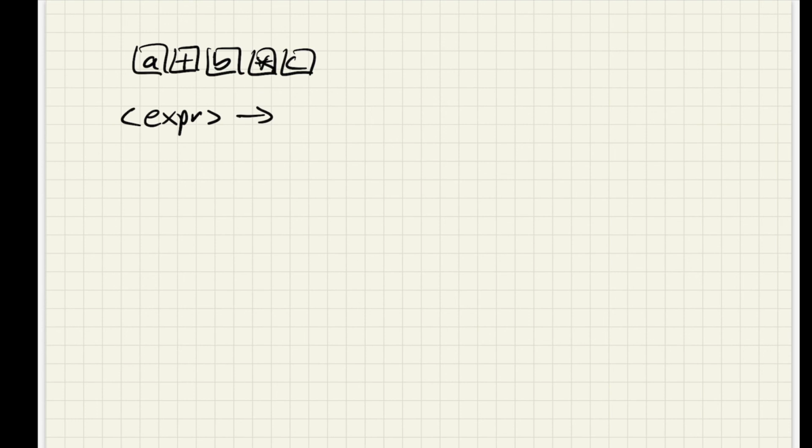Otherwise, I will not be able to produce this sequence of tokens. So I have to use the rule, because I have something on the left and right side, of course, of the plus operator. I have to use the rule that an expression can become an expression followed by the plus token, followed by a term.